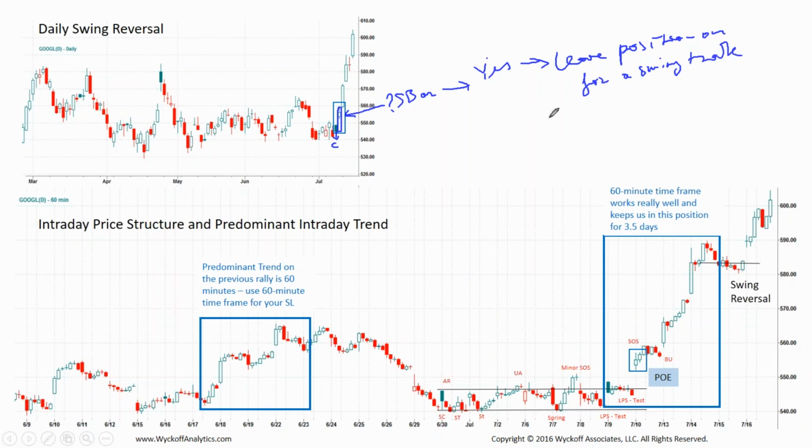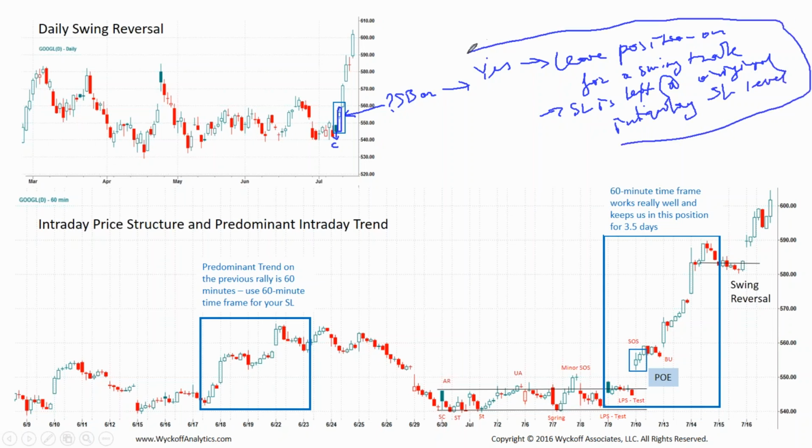If that's the case, then our stop loss is going to be left at the original intraday stop loss level. I should have written this down. Okay, well, at least you guys can work on this a little bit and just make some notes.